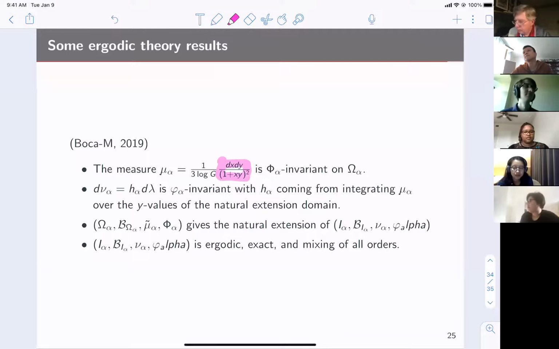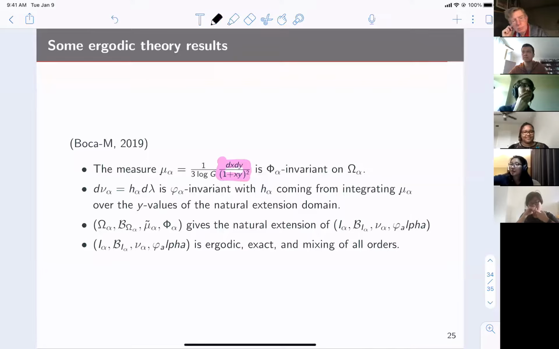You can then integrate that and find the measure for just the actual Gauss maps, but it's defined piecewise, and it took up an entire slide just to show you what it is. So I'll leave it as you can do the integral or look at the paper to find it.